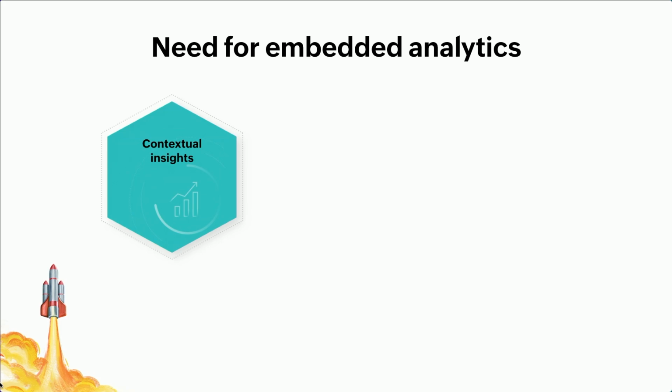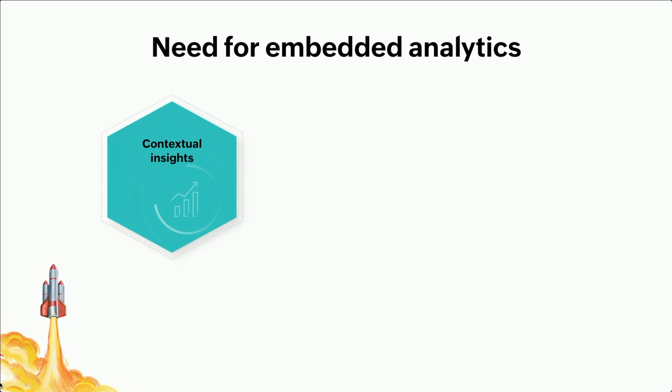That's where contextual insights come in: once the analytics solution is available within that particular application, the possibilities are enormous. You can access analytics as a tab within that application itself, like how you do it in CRM Plus or Zoho One. It's a very good example of how analytics is embedded within another application.